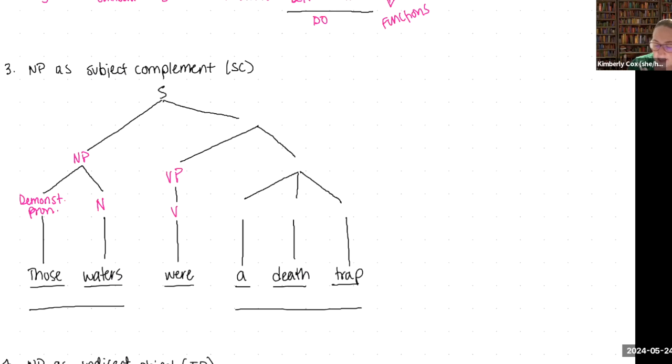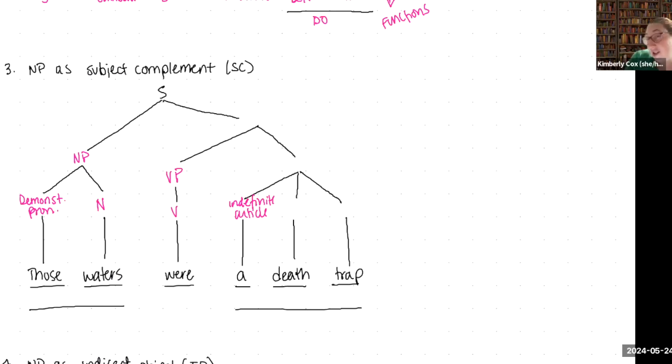A is an indefinite article. Death. Now, this becomes an interesting word. One of the questions for us is how is it functioning here? So death, we could say the death. We could say the deaths.